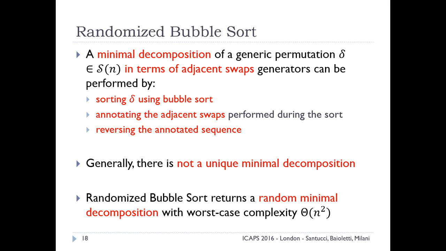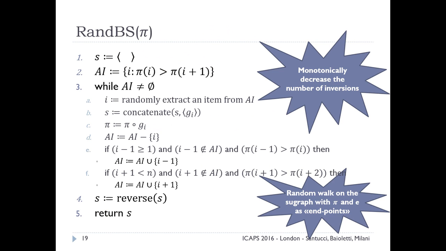Because the bubble sort algorithm only does adjacent swaps, and while we sort, we have to annotate the adjacent swaps, and then at the end we reverse the sequence of the swaps, and we have the decomposition. Anyway, bubble sort is deterministic. It always gives us the same decomposition, so we have generalized it by randomizing it.